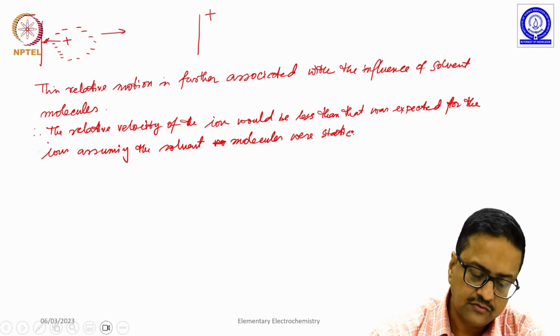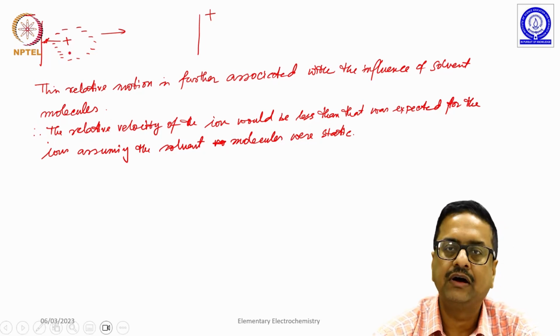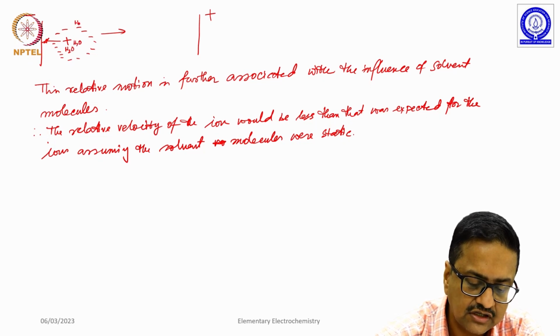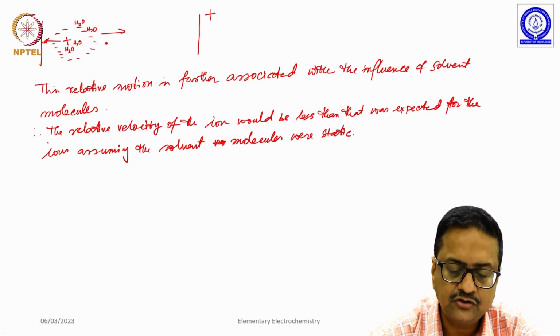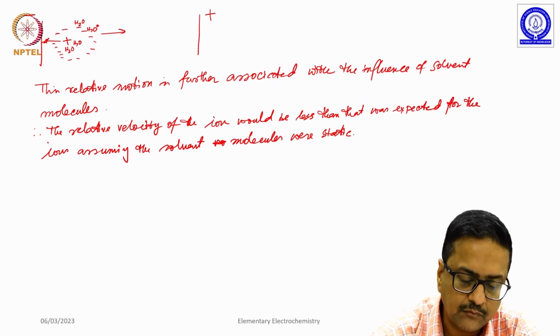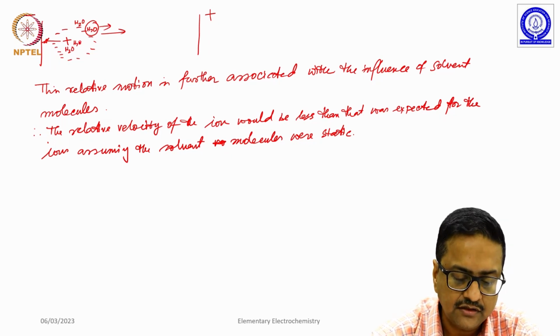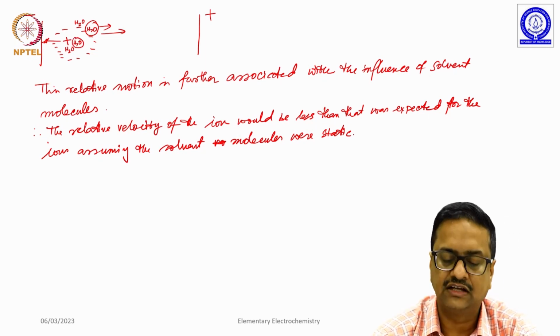See, what we are trying to propose here is that when you have a cation which is surrounded by the anions, it is also surrounded by a lot of water molecules, and anions are also surrounded by a lot of water molecules. So, when you apply a potential difference, the anions tend to move towards the positive electrode by taking the corresponding solvent molecules with it, and cations, when they try to move towards the negative electrode, also try to drag the water molecules along with them.